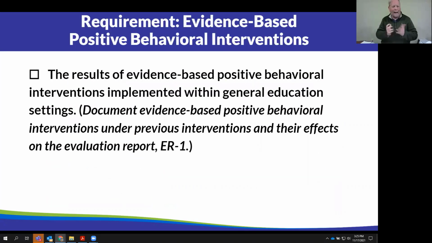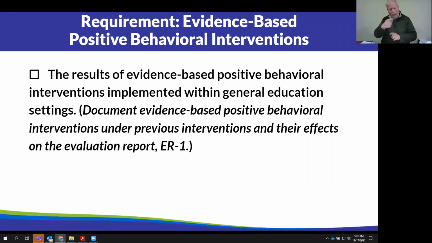So the first requirement you'll see in the rule is providing, monitoring, and documenting evidence-based positive behavior interventions and monitoring their progress. This gives the IEP team information and data that are critical for determining whether or not a student has an emotional behavioral disability and to identify the student's unique needs.